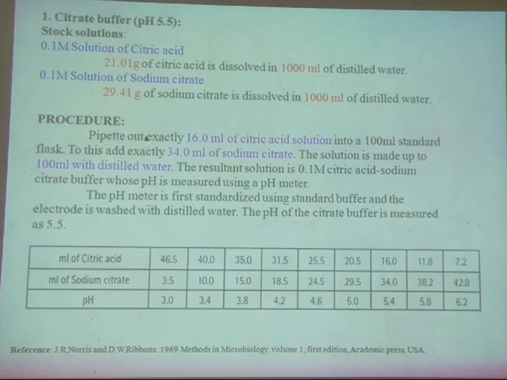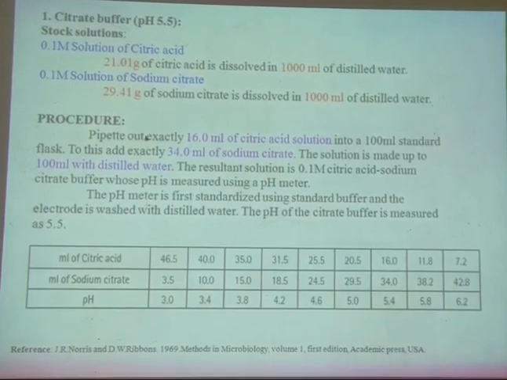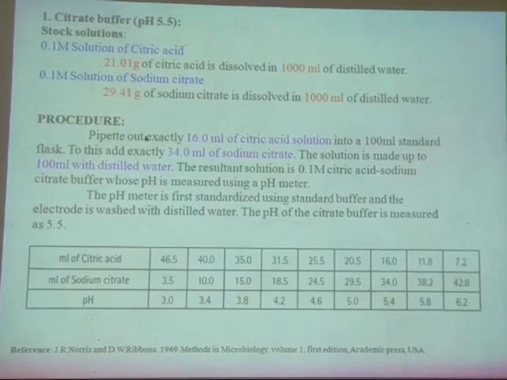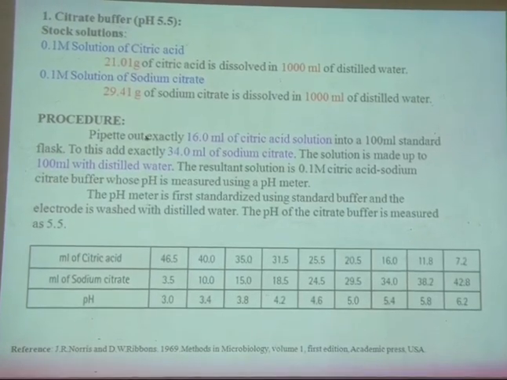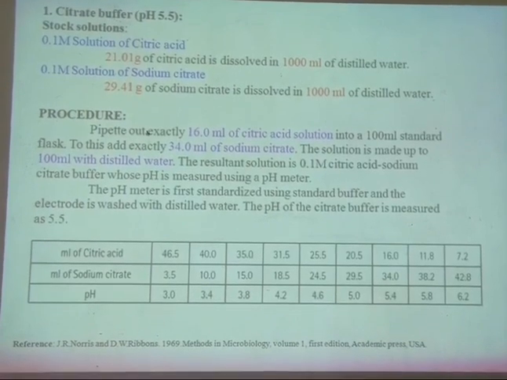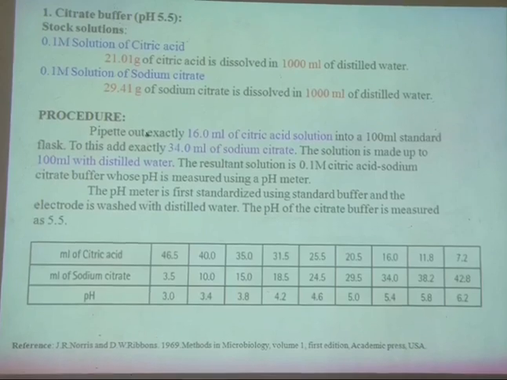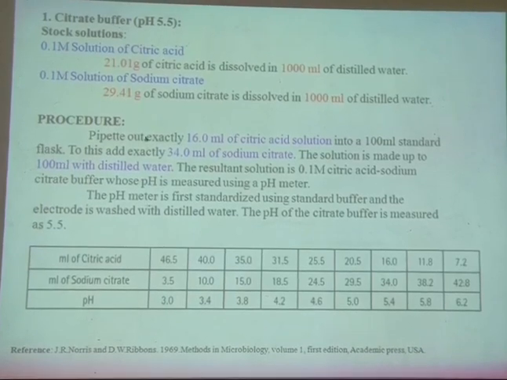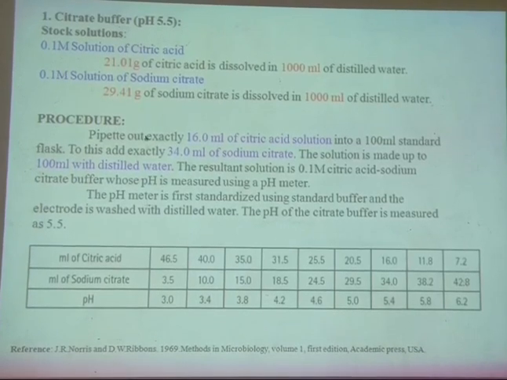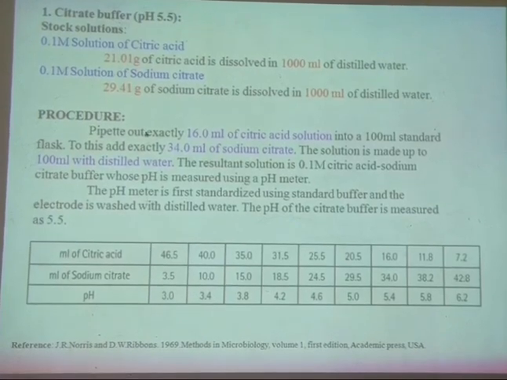So first, the citrate buffer. If you want to prepare the citrate buffer, the pH ranges from 3 to 6.2 according to the pKa, the ionization constant. The citrate buffer can work perfectly between 3 and 6.2. If it is less than 3 or more than 6.2, the citrate buffer should not be used because it goes beyond that ionization constant.